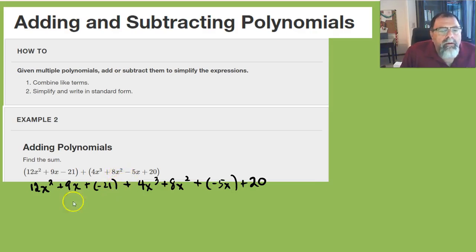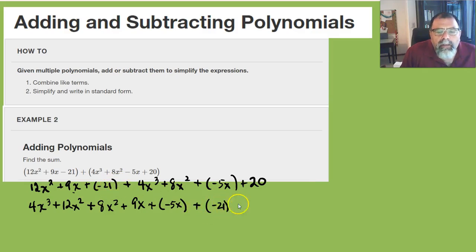Now, we can rearrange the order and put it in descending order. So 4x cubed plus 12x squared plus 8x squared plus 9x, and then plus the negative 5x, and then the constants, the negative 21 plus 20.